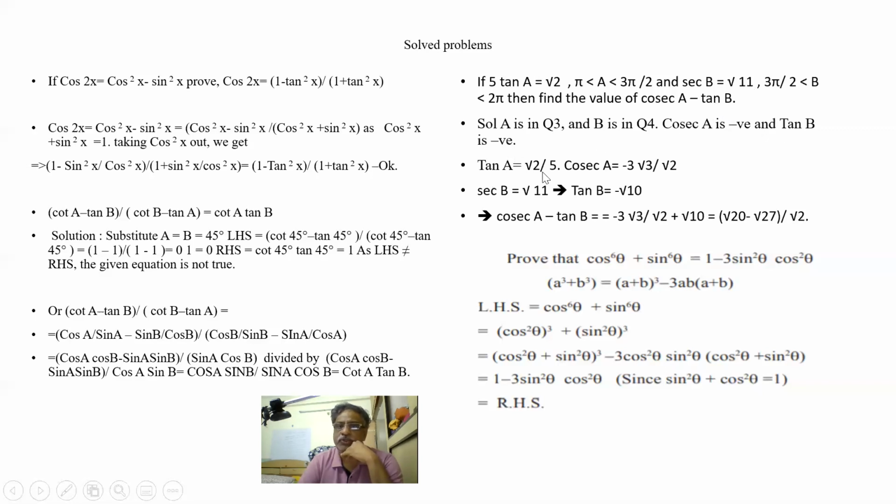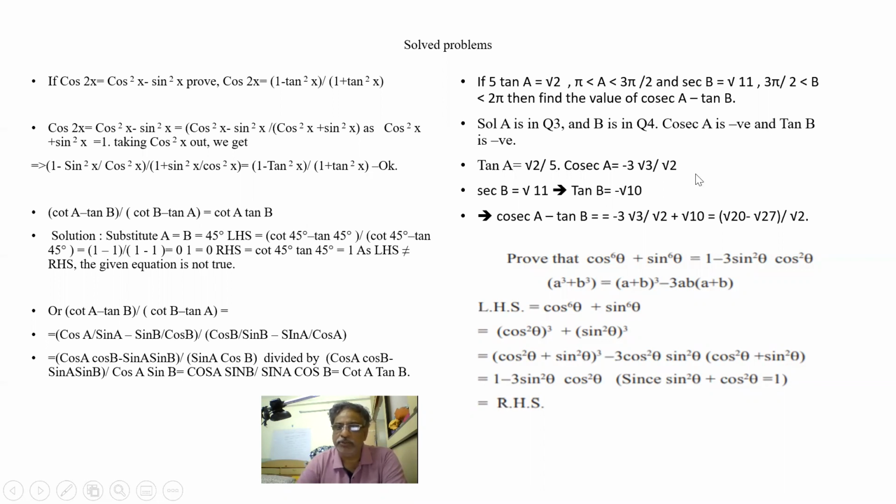So tan A is root 2 by 5. So what is cosecant A? Let us assume the opposite side is root 2 and the adjacent side is 5.